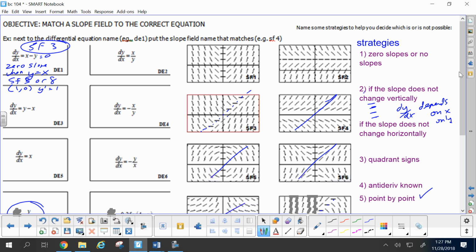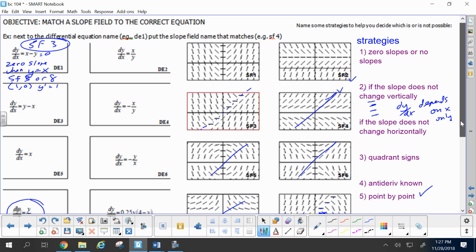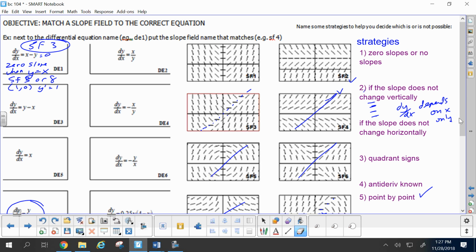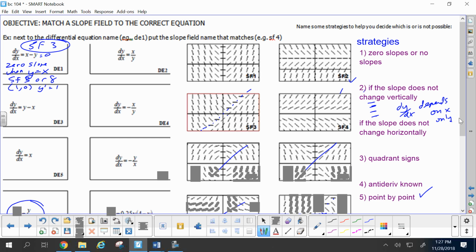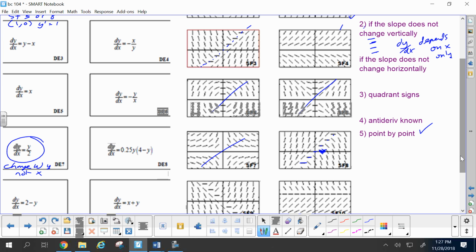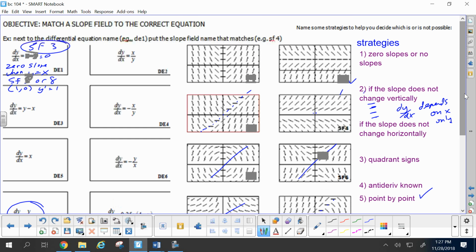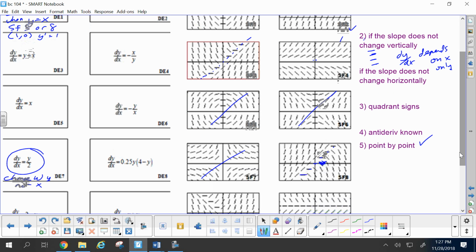This changes side to side. This stays the same side to side but changes vertically, so that's a possibility. Those are good possibilities. And after that, I could choose based on the zero slope idea. Where would this have zero slope? Where y is 0. So I should have zero slopes at y equals 0. That must be slope field 4. You follow?